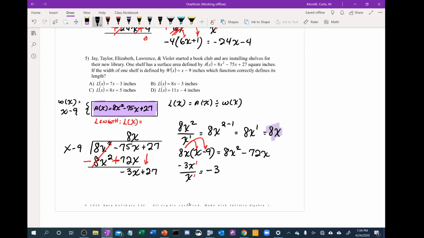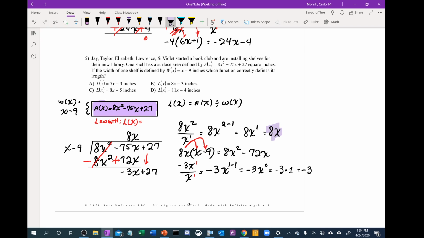So we have negative 3x to the 1 minus 1. If the bases are the same, you subtract the exponents, so that's 1 minus 1, which is 0. Applying the zero exponent rule, anything raised to the power of 0 is 1. So that's negative 3 times 1, which equals negative 3.